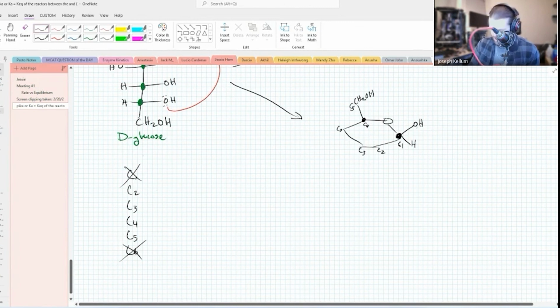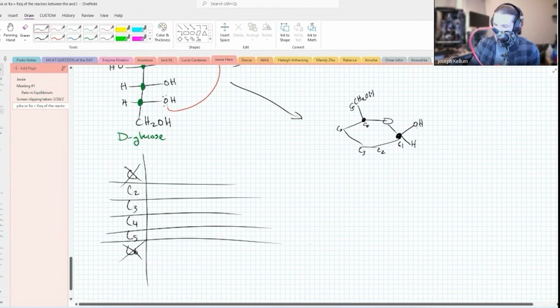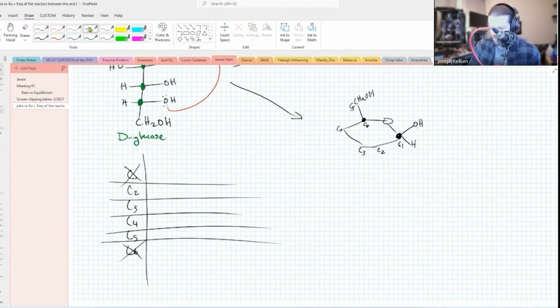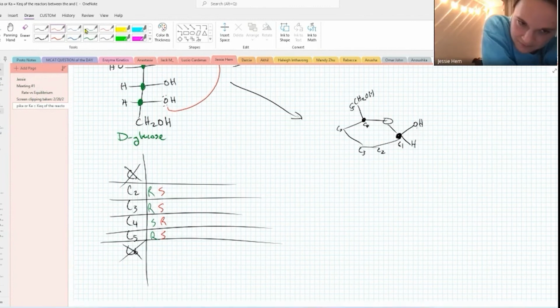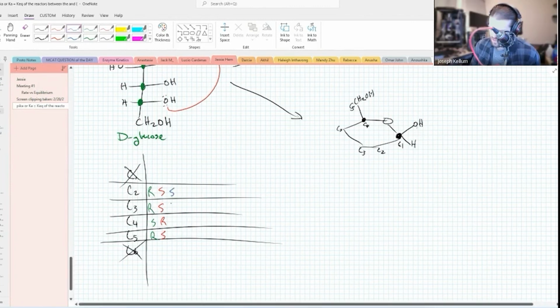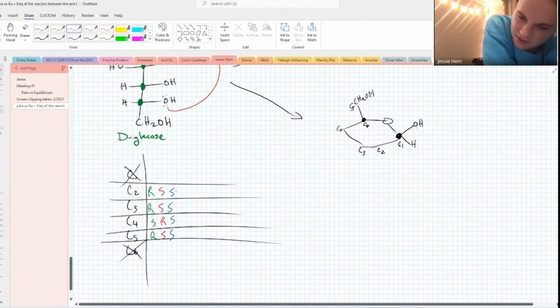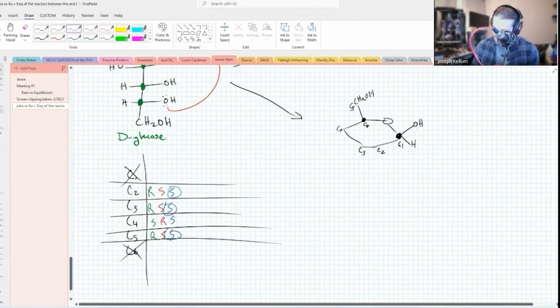In order for them to be enantiomers, you have to have opposite configurations at every chiral center. So if this is R, this is R, this is S, this is R, just for instance, then the only possible enantiomer of that would be S, S, R, S. If something were S, S, S, S, that's not an enantiomer, because while it's opposite here and here, it's not opposite here.